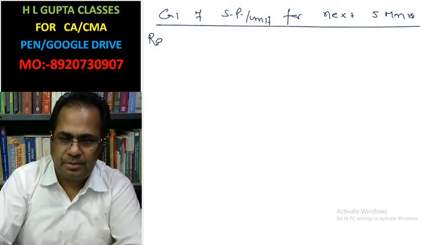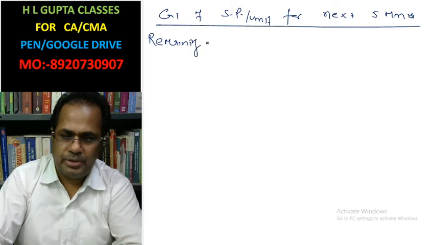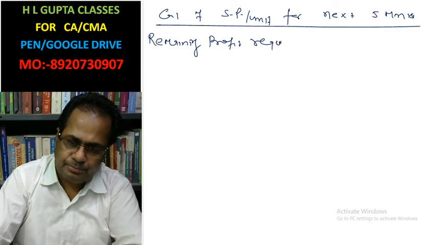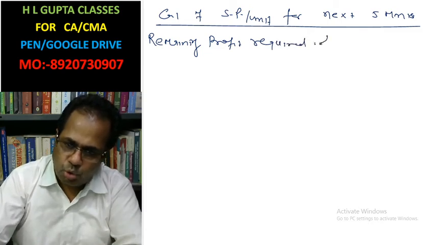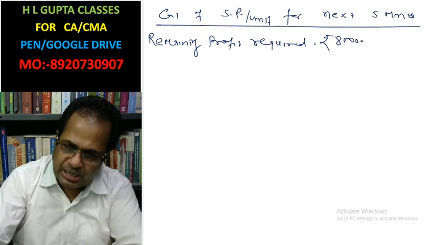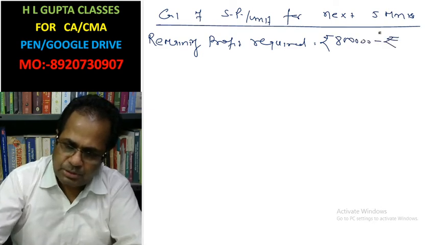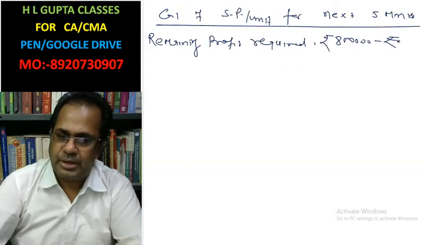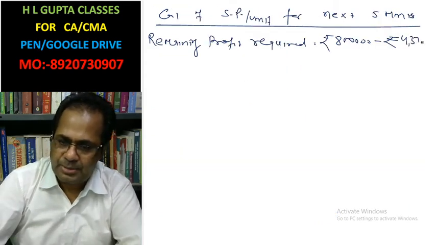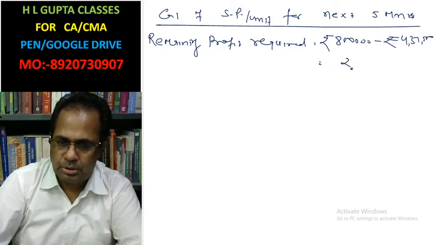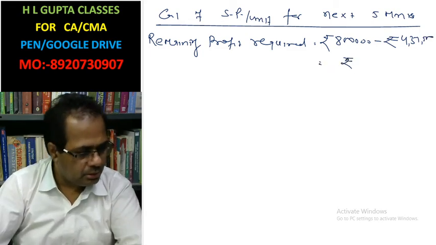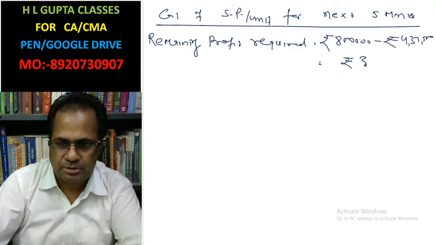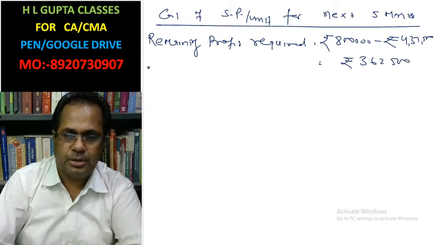Remaining profit required: total target profit is rupees 8 lakh, and in the first 7 months we have a profit of 4,37,500, so the remaining profit is 3,62,500.